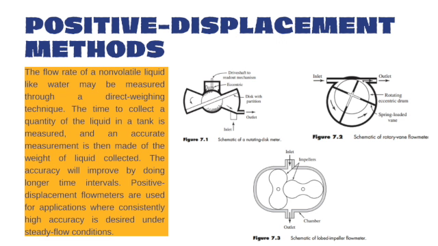Positive displacement flow meters are used for applications where high accuracy is desired under steady flow conditions. As we see here in Figure 7.1, a typical positive displacement device is the home water meter. This operates on a nutating disc principle.